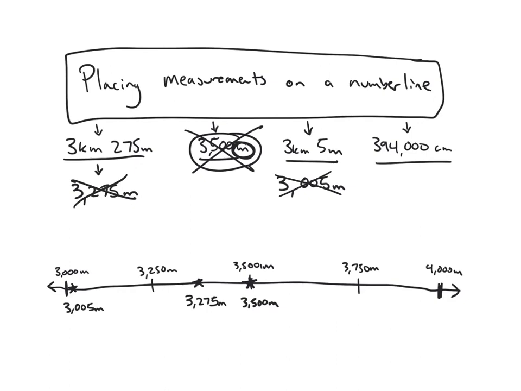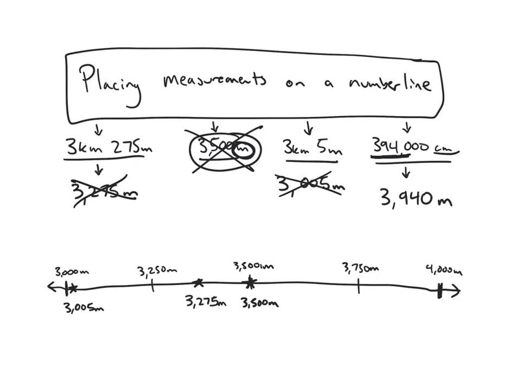Now I saved the hardest one for last. We have 394,000 centimeters. Now from our previous problem, we know that the centimeters are equal to our tens and our ones place. So that lets me know that when I look at the thousands and the hundreds place, that tells me how many meters are equivalent to this many centimeters. So I can rewrite this measurement here as 3,940 meters.